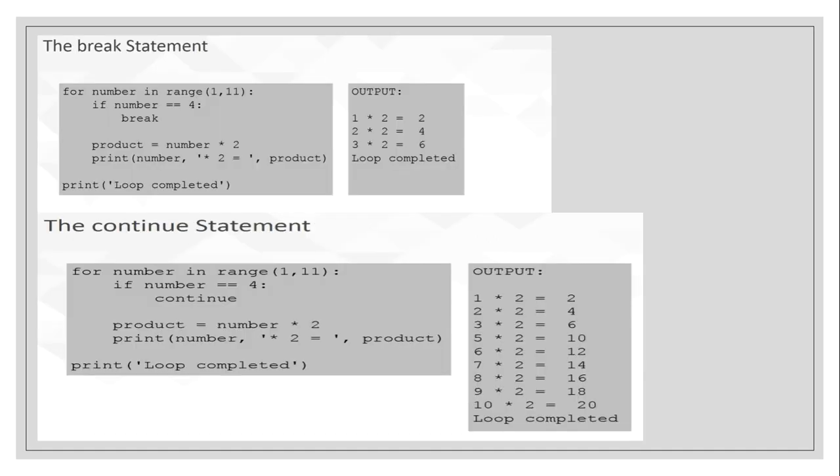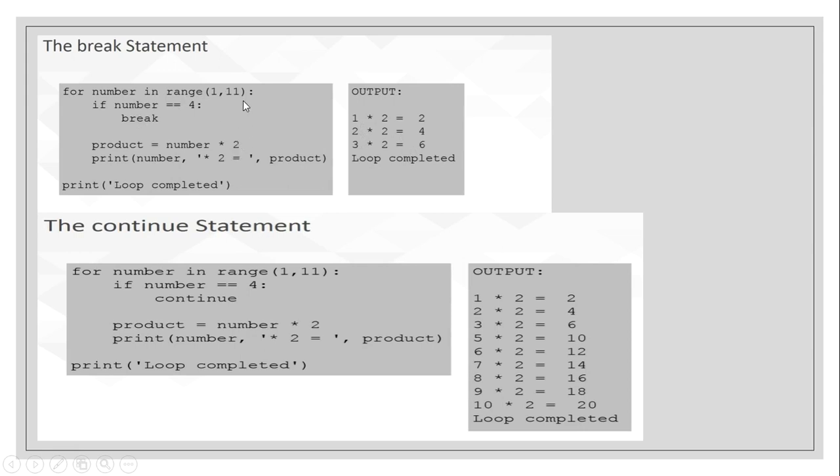Now let's see in detail. So this is how break works. This is how continue works. If you see the break output here, the moment it reached 4, it printed 1, 2, 3, and then it breaks out.